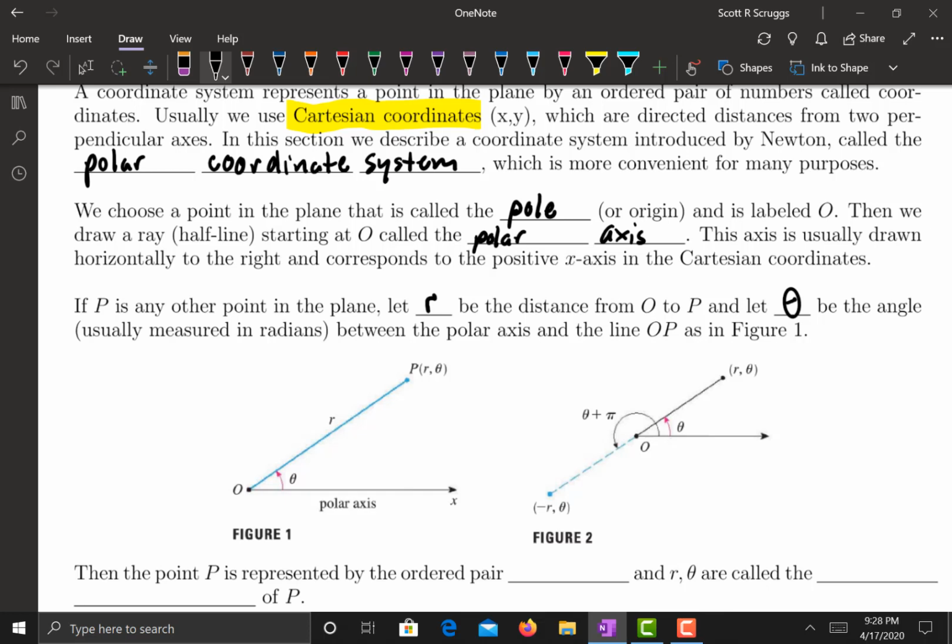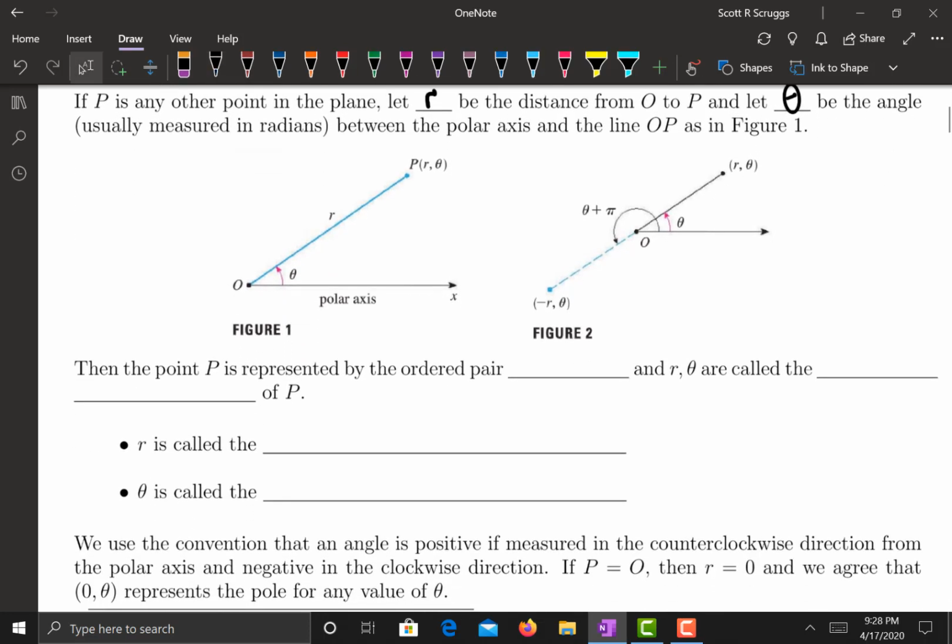And so that ordered pair, r and theta, are the distance between my pole and the new point P, and the angle that measures that between those two. Those are going to be called my polar coordinates of P.